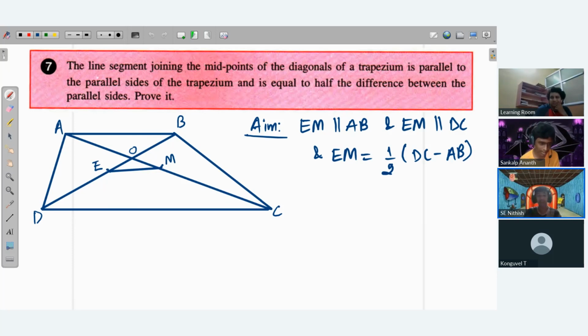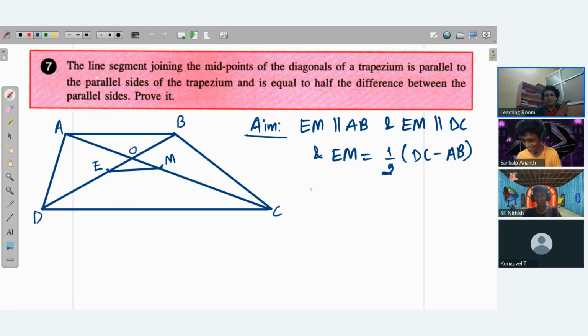If you subtract them both, FM minus EZ is equal to 1/2 of the whole DC minus AB. If you subtract FM and EZ, you'll get EM. So EM is equal to half of DC minus AB. Is it correct, sir? We both collaborated, sir. Does that work?